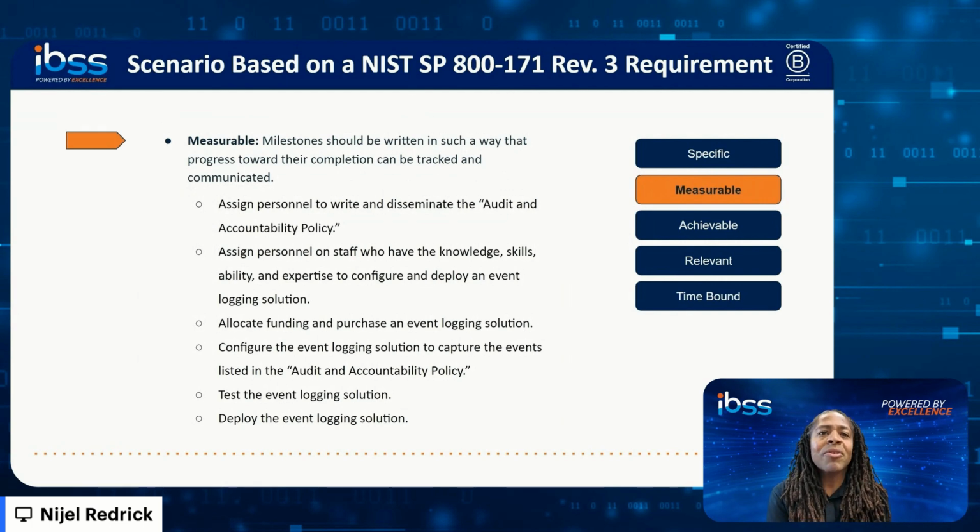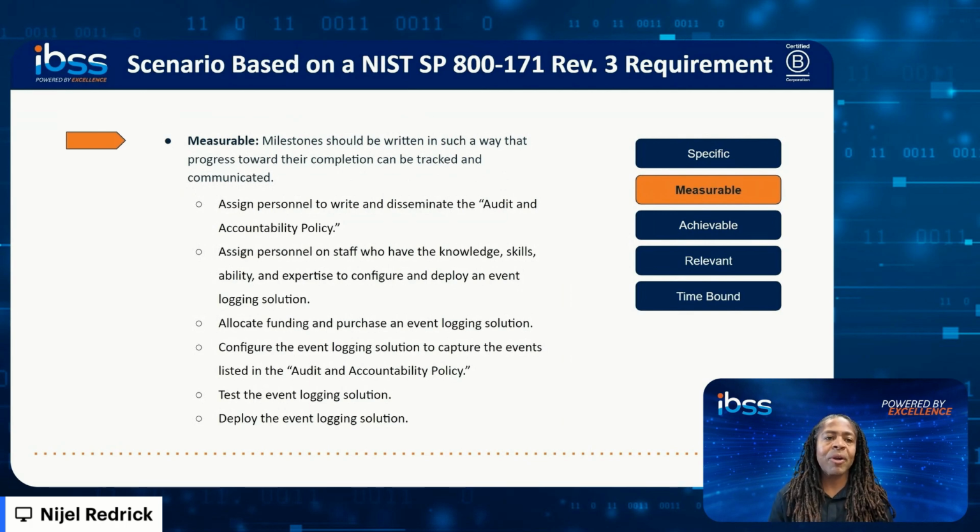Next, the milestones should be written in such a way that management or anybody can easily track progress towards completion, and you are able to communicate such progress. So the first milestone that we have, because we recall from the scenario that the events must be defined. Well, the best way to define events is a policy.